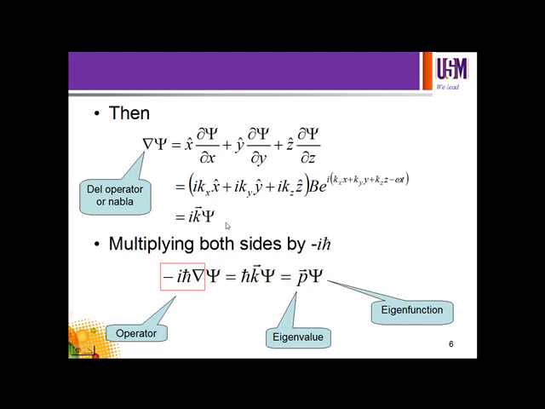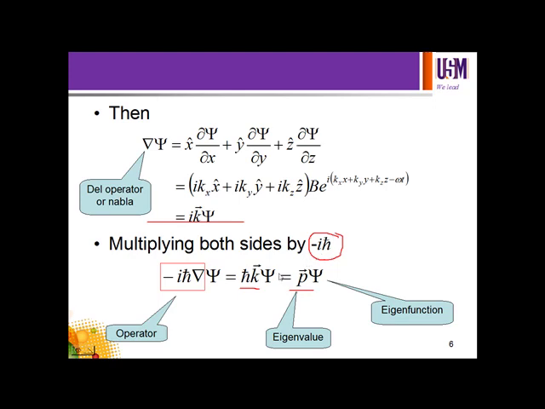But we want to derive the momentum. Remember that momentum we have determined before this, vector momentum p equals h bar vector k. So in order to have that form from this relationship, we multiply both sides by negative i h bar. So i multiplied by i squared is equal to negative 1, multiplied by the negative sign here, that's why we have positive here, and h bar k is equal to the momentum vector.